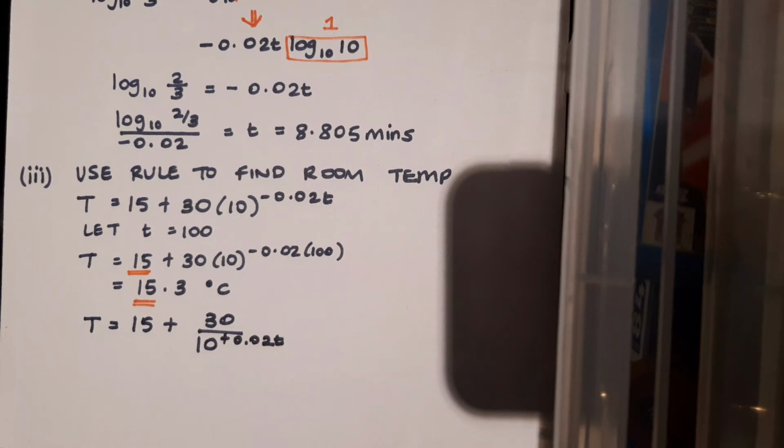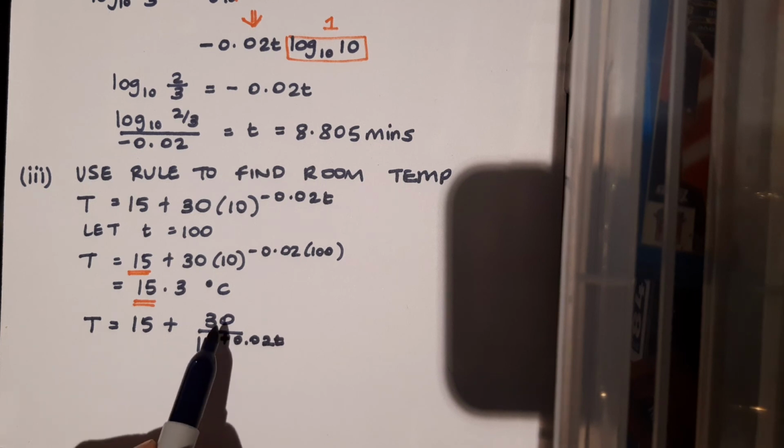Instead of writing it in this format, 15 plus 30 times 10 to the power of minus 0.02 T, I can bring the 10 underneath the 30 and write it as 10 to the power of 0.02 T down here instead. Now, as my T gets bigger and bigger, as more and more time passes and the poor baby is left to starve, the value of T is going to go up, so the value of the 10 to the power is also going to increase.